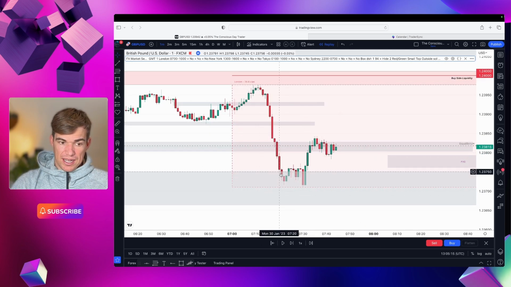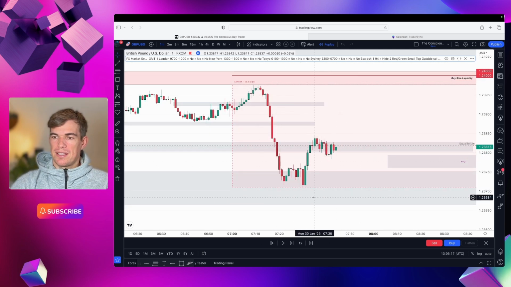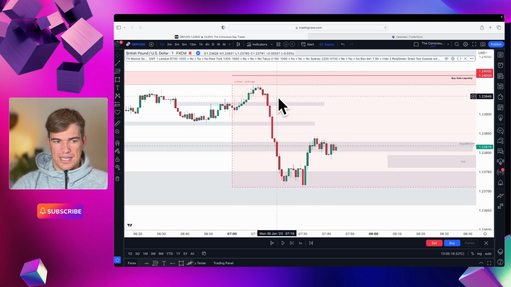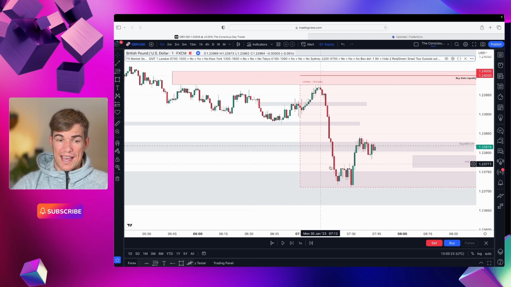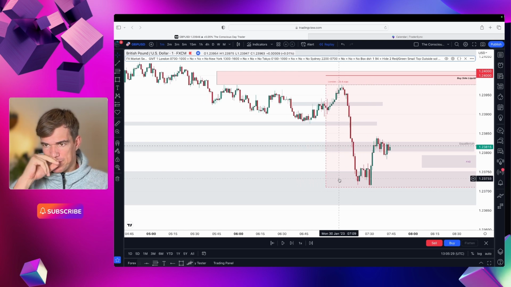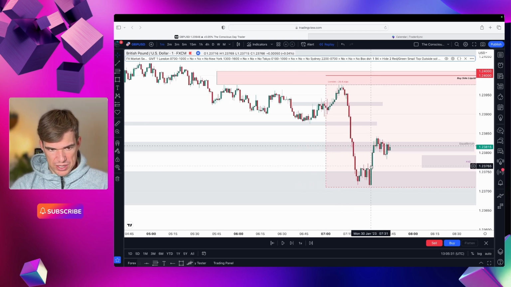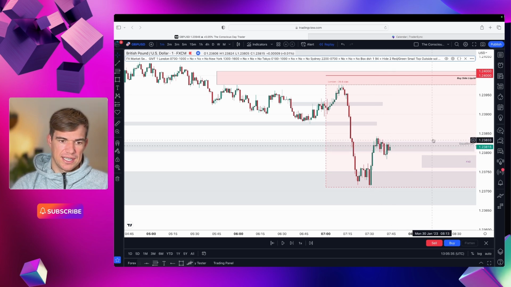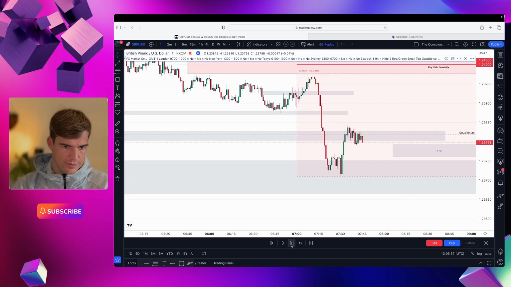However, what happened, as soon as we filled this fair value gap, I closed this for a very small profit, and now I was long, and we had the price below equilibrium and filled the fair value gap. I was happy to take a position here. So as soon as this break happened, I was waiting for a fill into this fair value gap.